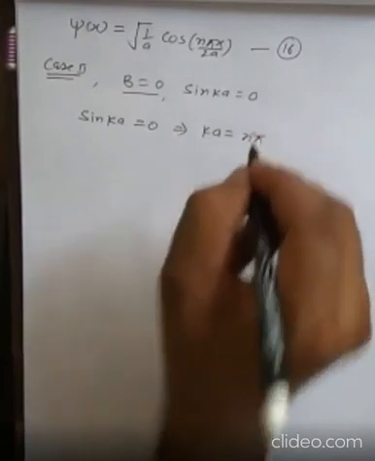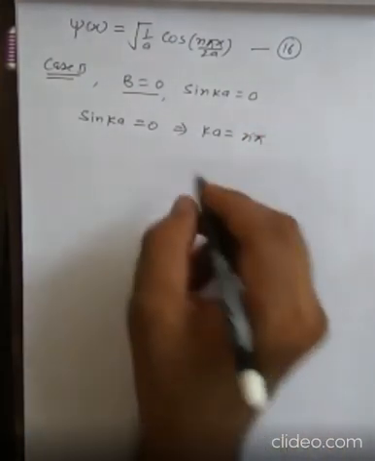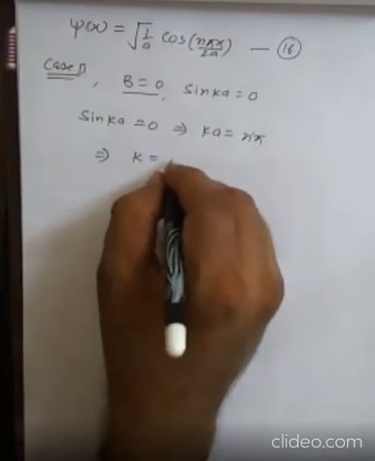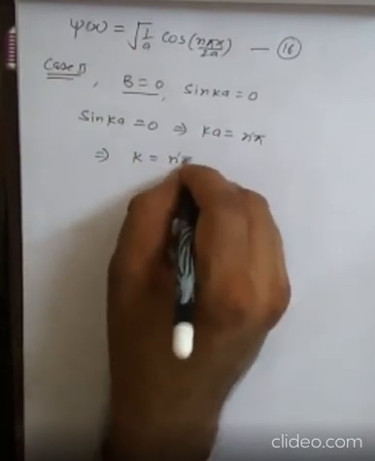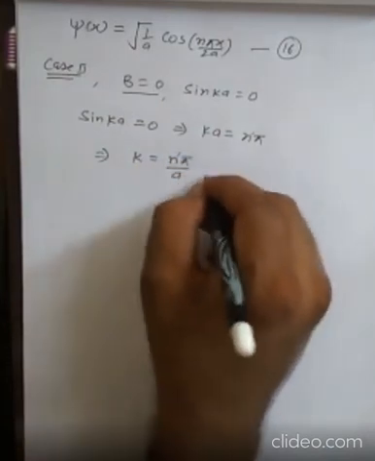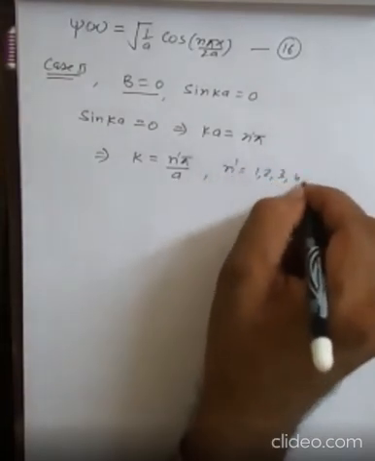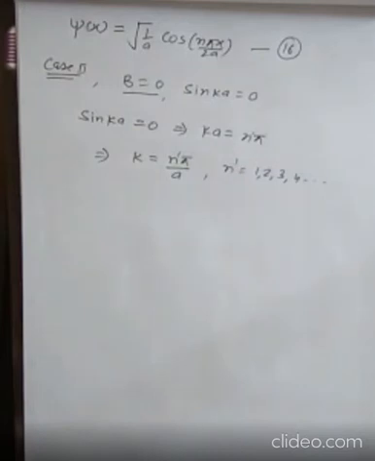Let's take n prime pi here. And so k is n prime pi by a. And here n prime is the integer 1, 2, 3, 4.